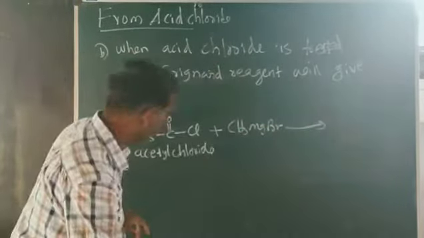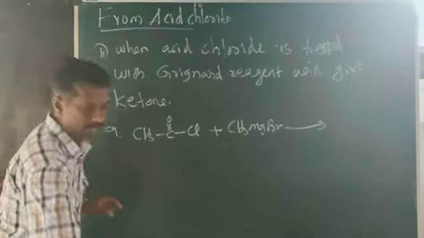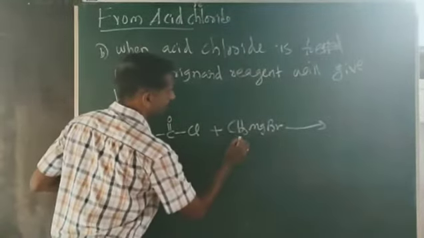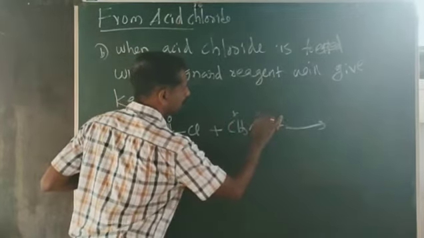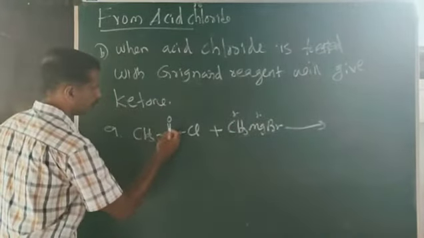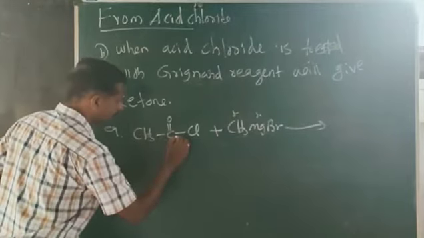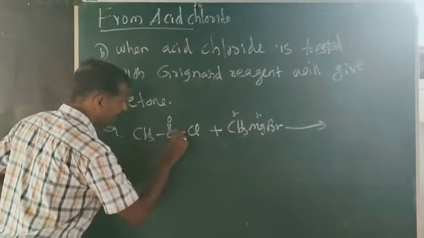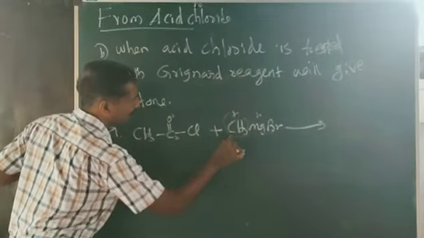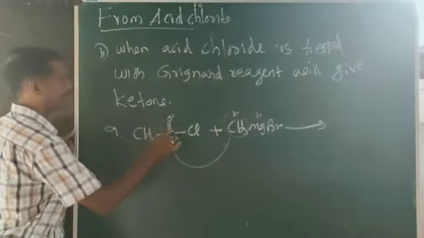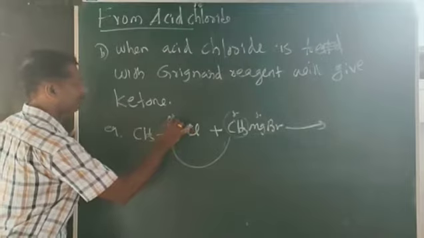As we have discussed earlier, in alkyl magnesium halide, the alkyl group is slightly delta negative and this part is slightly positive. In the CO group, carbon is slightly positive and oxygen is slightly negative. Therefore, this CH3 group will attack on this carbon. Then this bond will be shifted to oxygen.